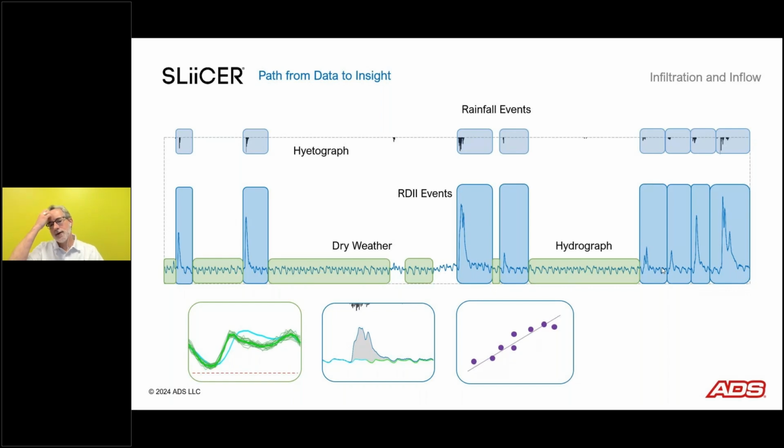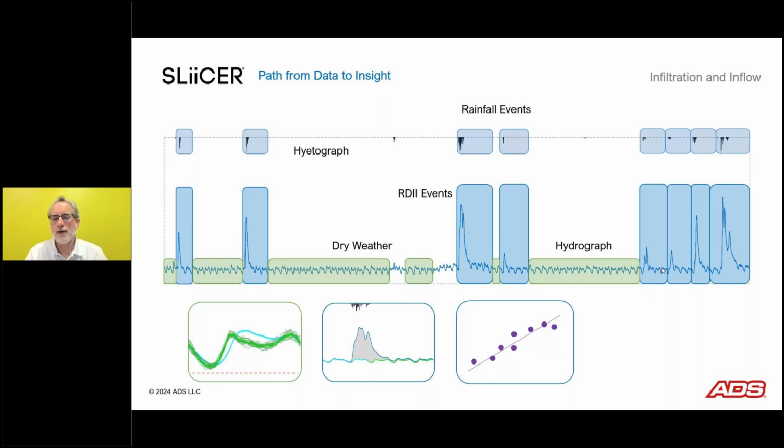Now, once we establish what the I&I looks like for each individual storm event, we like to take a look at the consistency of that response. So this graphic here on the bottom represents the I&I calculated for each event compared to the amount of rainfall that fell.